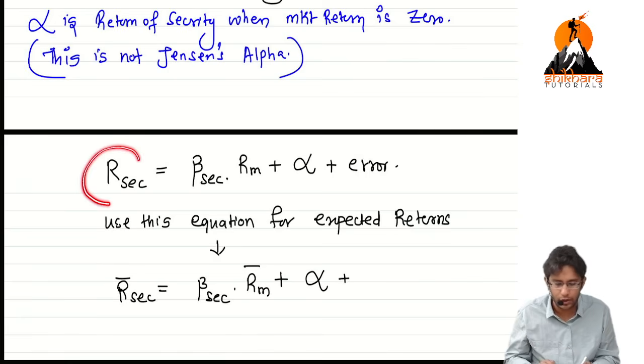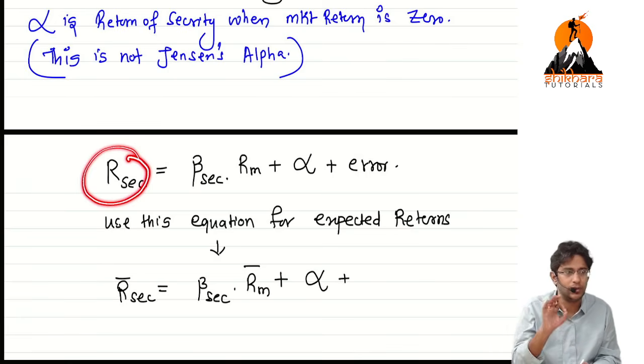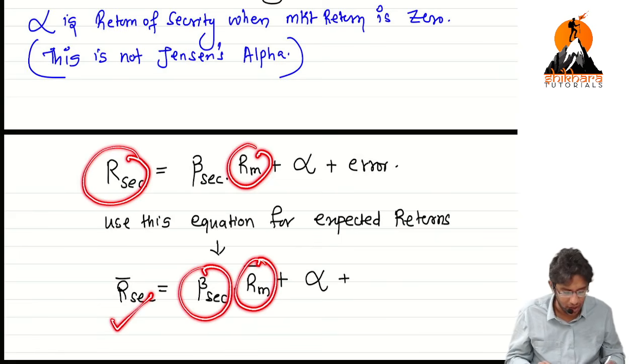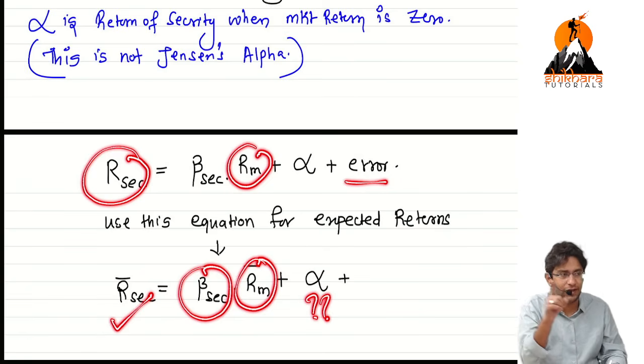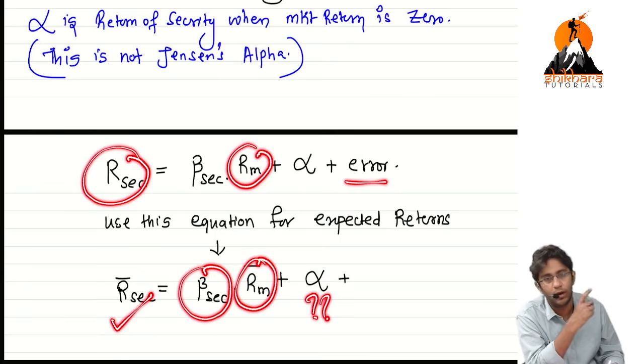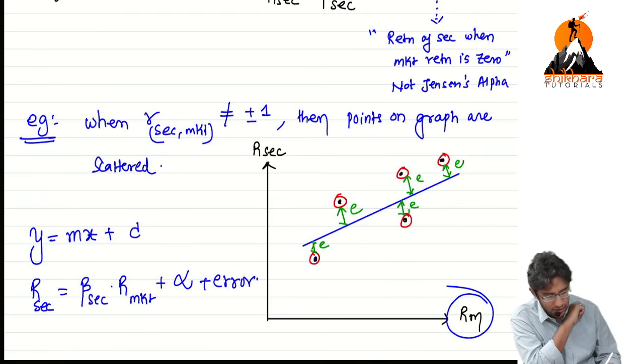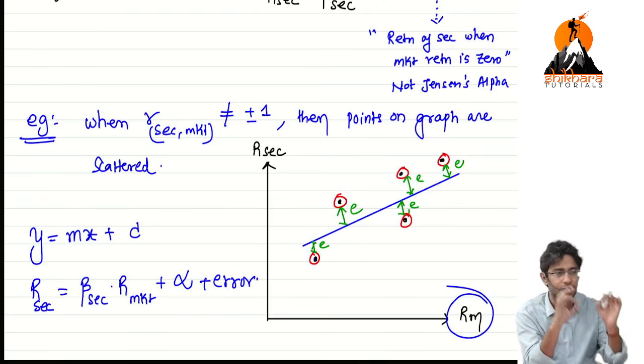Last 5 years security return you are having. What will you do? Simple average. This number will come. Last 5 years market returns you are having. You will simple average it. This will come. Beta already came. Alpha we do not know. Error: last 5 years error you compute, and you have to take the average of the error. What did we discuss? A line is drawn in such a way that the total of errors will become 0.